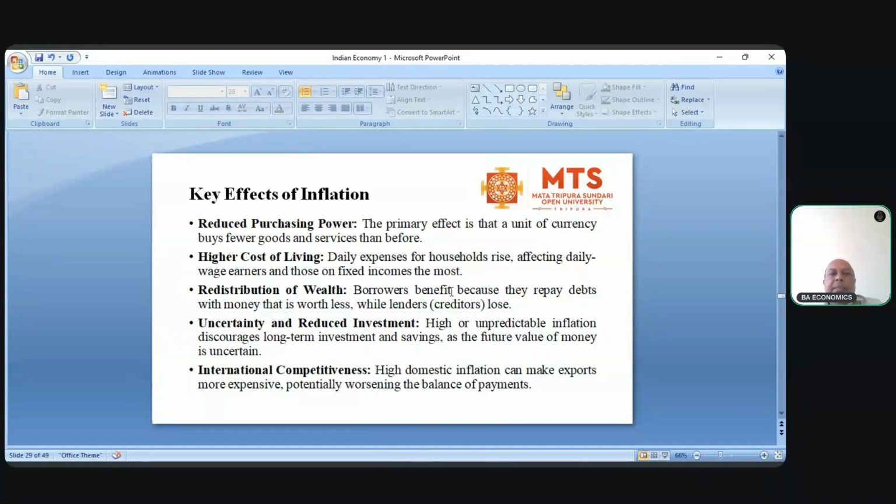Redistribution of wealth. It means during inflation, borrowers benefit because they repay debt with money that is worth less, and lenders will be losers.